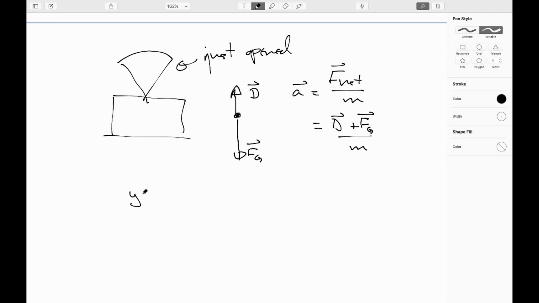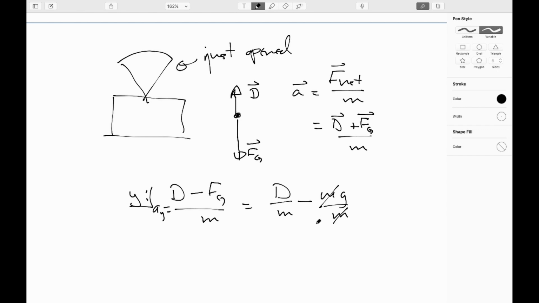Now let's take the y components of it. Here D is pointing up, so this will be D, and Fg is pointing down, so we'll write minus Fg over m. So if I distribute it out, a_y equals D over m minus mg over m. Again, keep in mind that these m's are technically different, but we cancel them anyway.